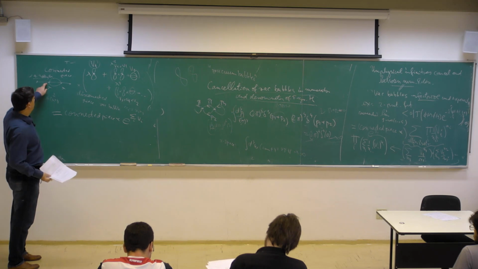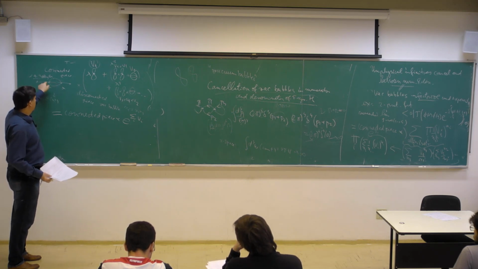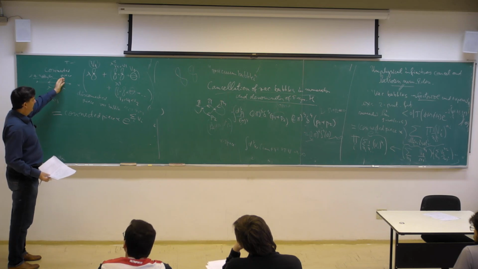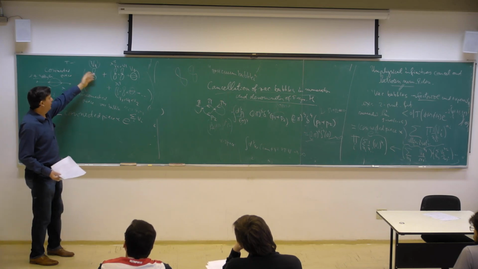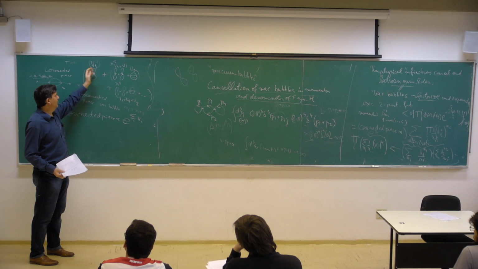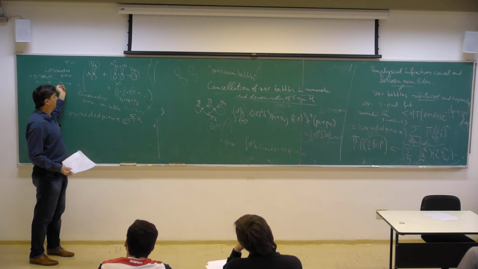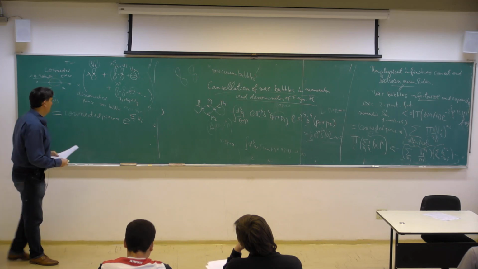And I gave you one example of this, but for each connected Feynman diagram, I still have always the same product, because these are all the possibilities of vacuum bubbles, all the possibilities that are connected just with each other and not with these parts, right?